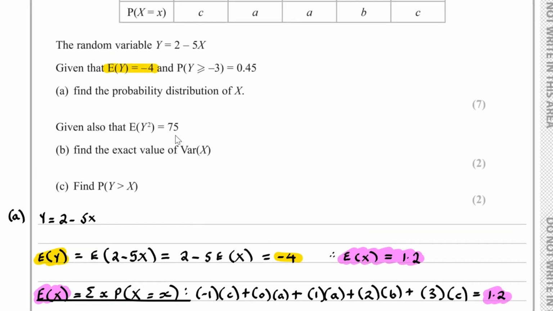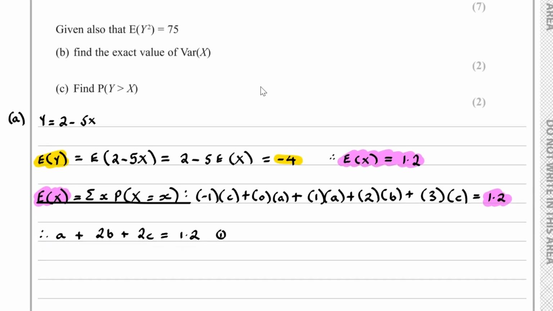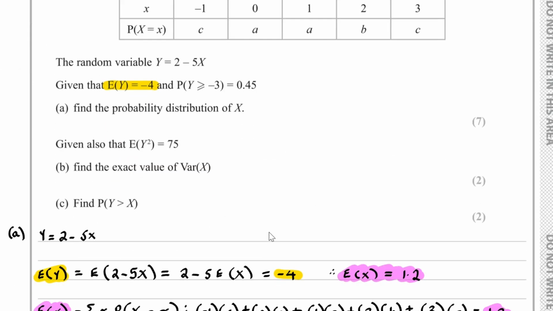What else we know is that the probability that Y is greater or equal to minus 3 is equal to 0.45. So we have the probability that Y is greater or equal to minus 3 being the same as the probability that 2 minus 5x is greater or equal to minus 3, and we know that this is equal to 0.45.